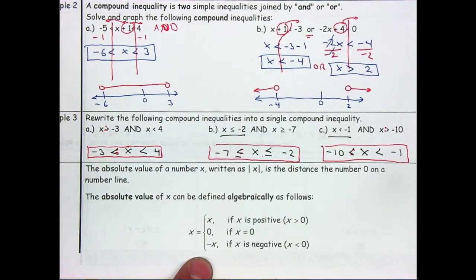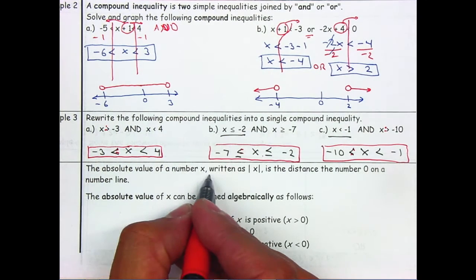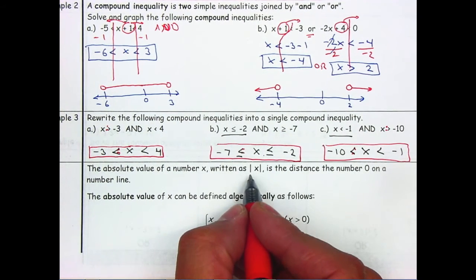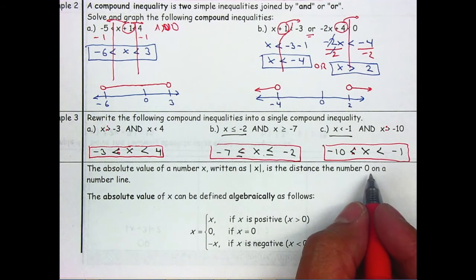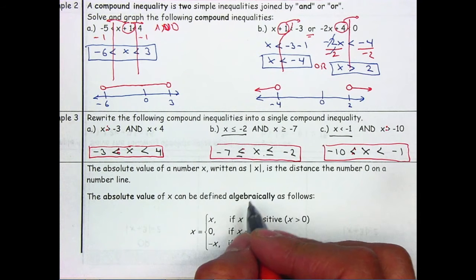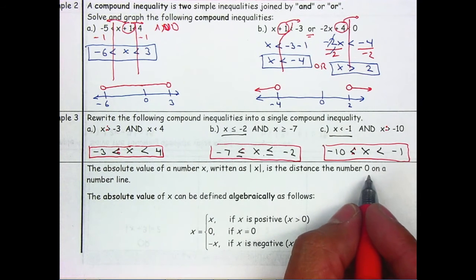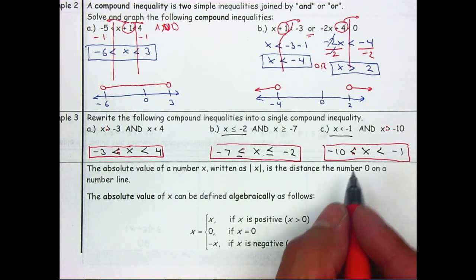Go and read through this. This is the absolute value definition. The absolute value of a number x, written as x in between 2 bars, is the distance from the number to 0 on a number line. How far is each of the numbers away from 0? How many units?